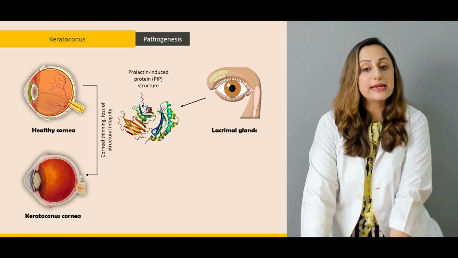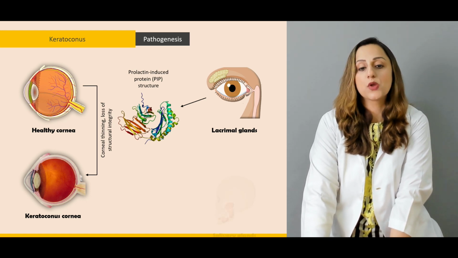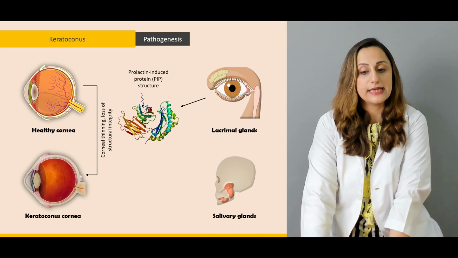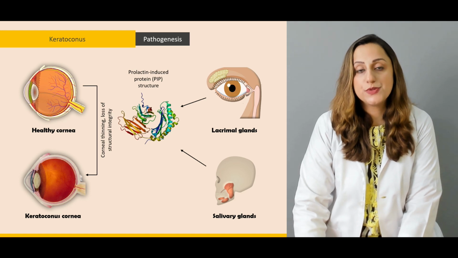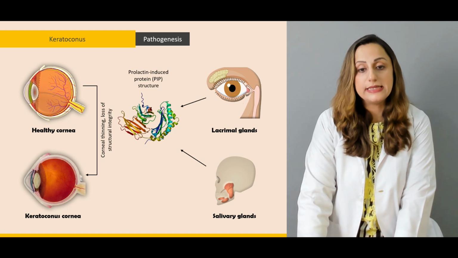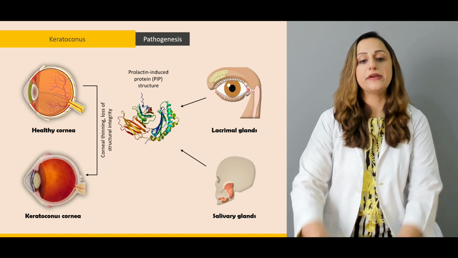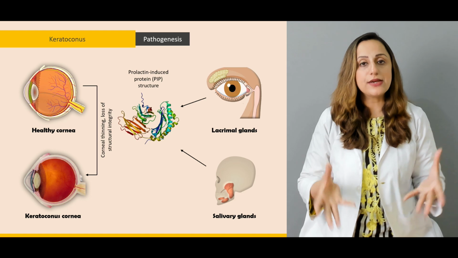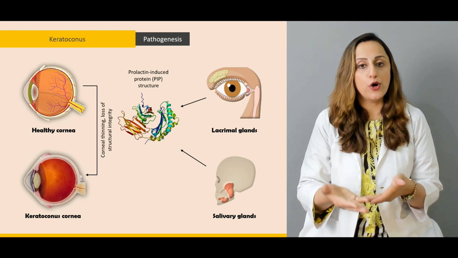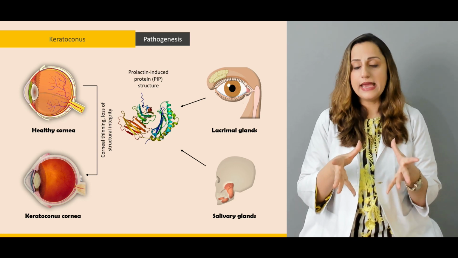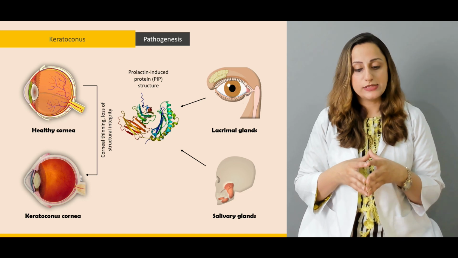There is this prolactin-induced peptide, PIP, which contributes towards the corneal thinning and loss of structural integrity, and sometimes the salivary glands are responsible for the production of this PIP, the prolactin-induced protein, resulting in corneal thinning, loss of structural integrity, and obviously there would be an outward protrusion of the corneal wall. So these are the basic pathogenetic factors that you would consider for these patients.